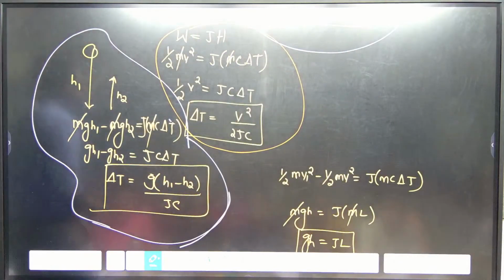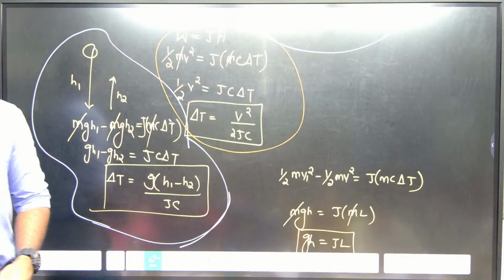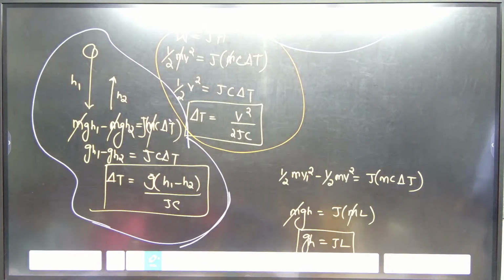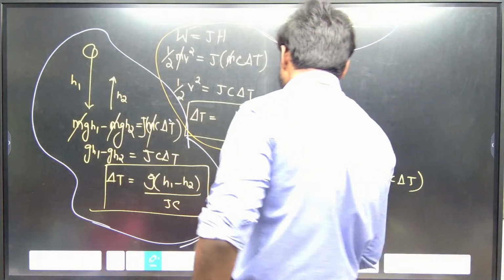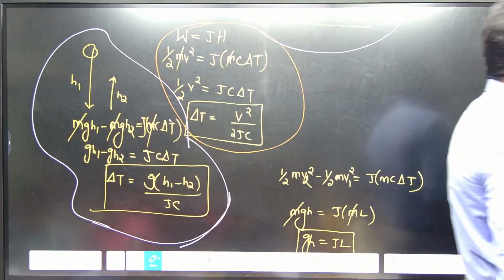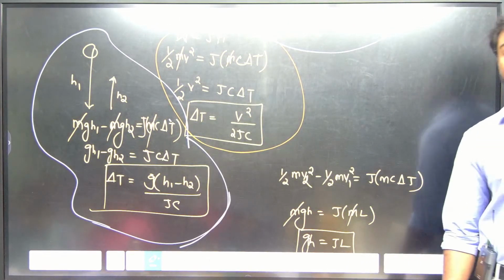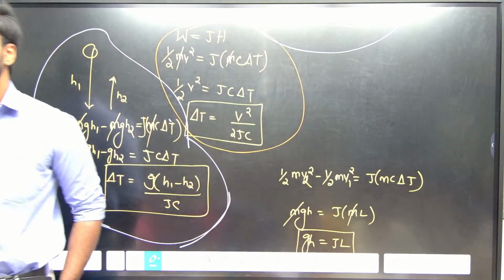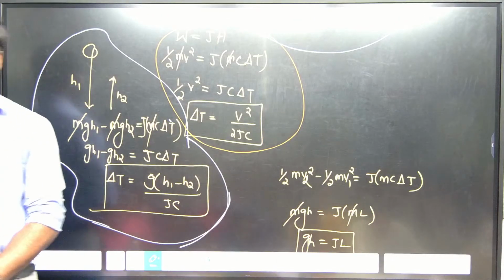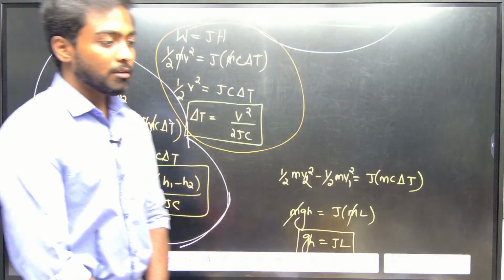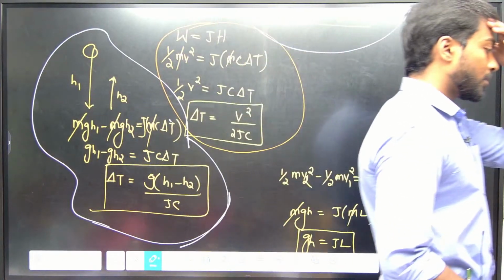Write down the next application. When a mass m changes its velocity from v1 to v2, then find the change in temperature.